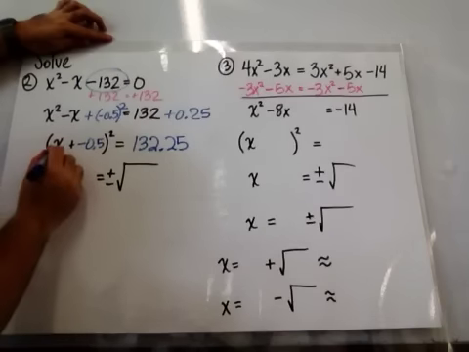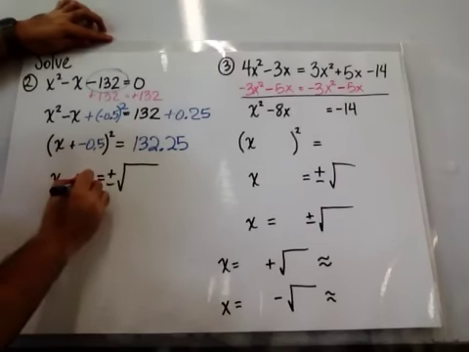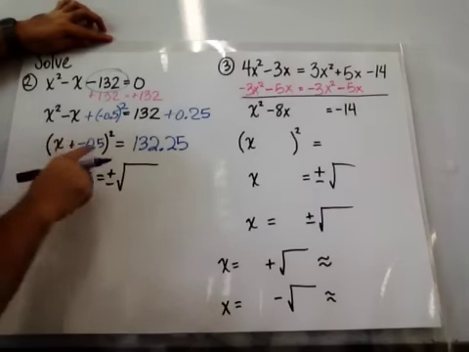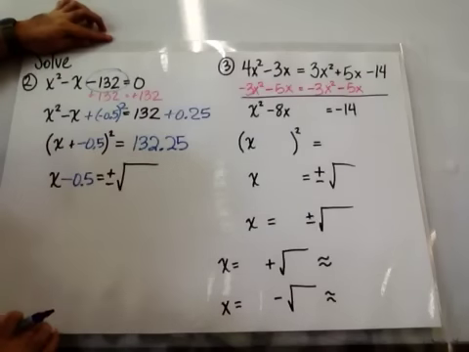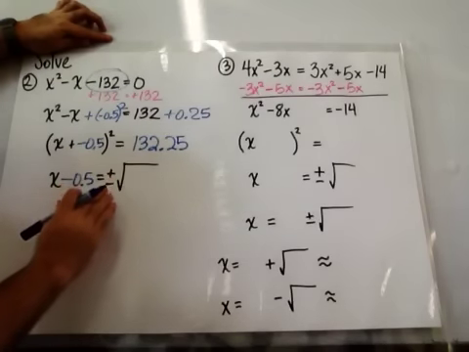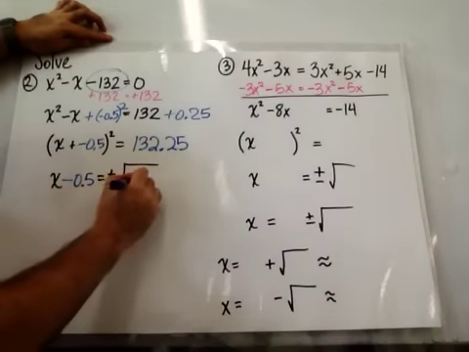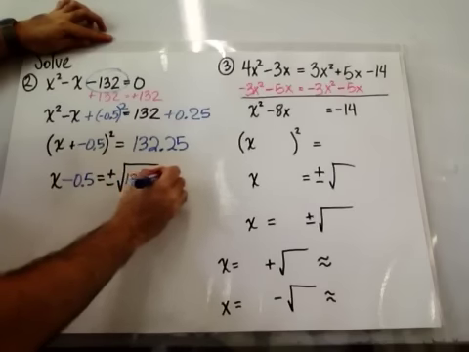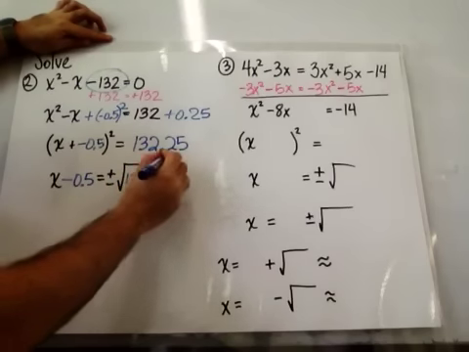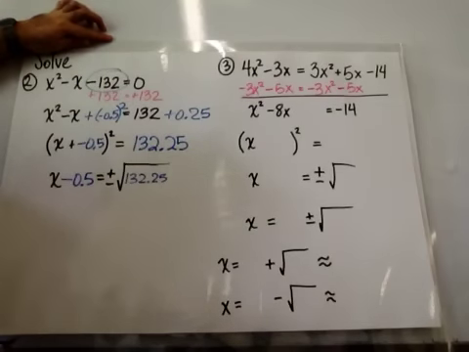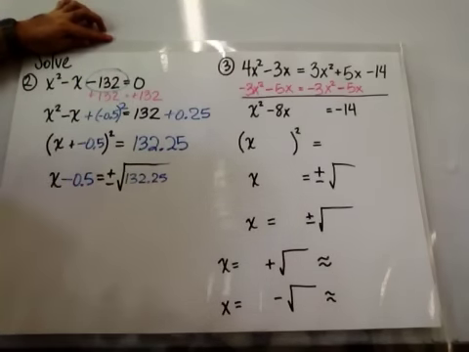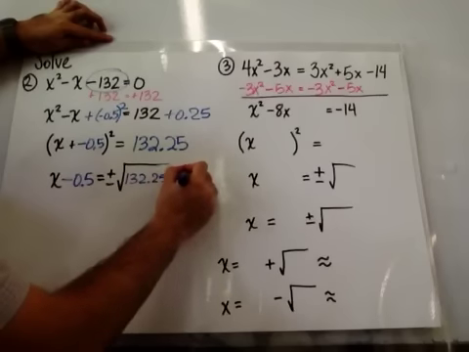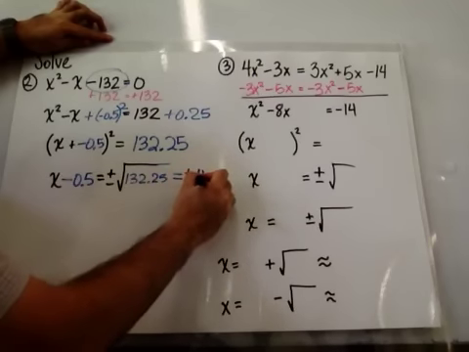So here we have simply x minus 0.5. If you want, you can write plus negative 0.5, same thing. And since we're taking the root, we do positive or negative square root of 132.25. You go to your calculator and see how much this is. If it's an exact number, write it exactly. It happens to be positive or negative 11.5.